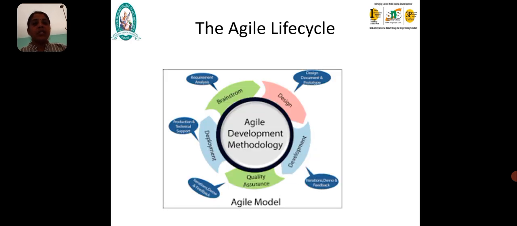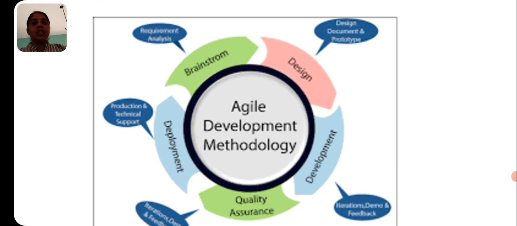Next, these are the different methodologies used under agile processing: brainstorm, designing, developing, quality assurance and deployment. Brainstorming, in a sense, we can say is requirement analysis. For designing, we develop the documentation and prototypes.